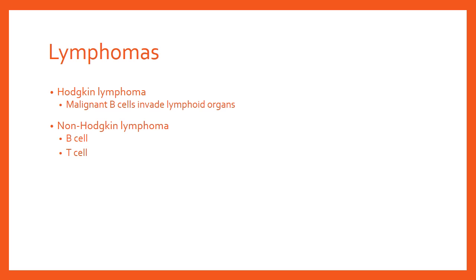Hodgkin's lymphoma has one unusual symptom, which is very specific and somewhat sensitive. There is really no explanation for it, but if a person with Hodgkin's lymphoma drinks alcohol, the involved lymph node will be painful.